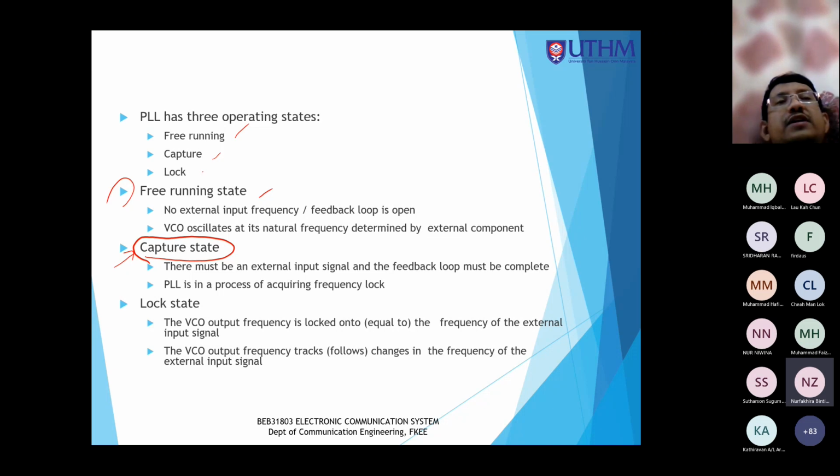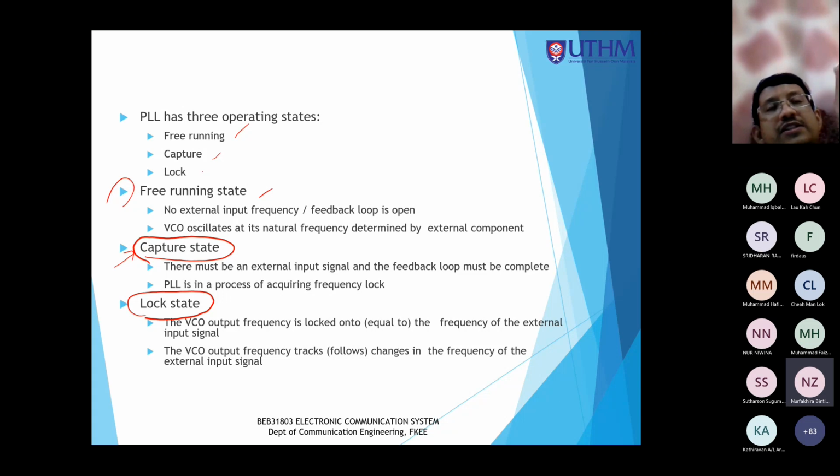Okay, so when the PLL finds the frequency that we want, it will be at the lock state. Now the PLL has already found the frequency, for example 104.5, so it will lock at that frequency.